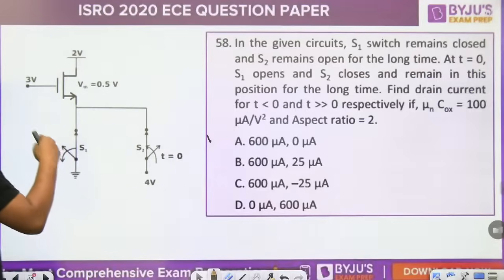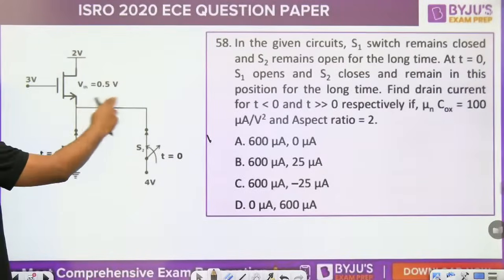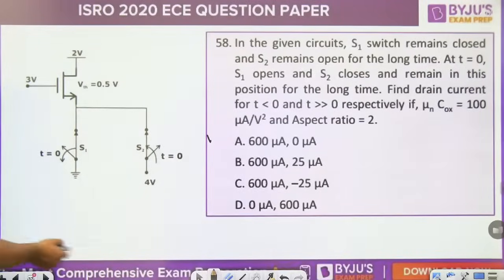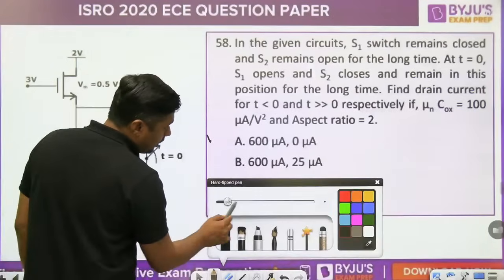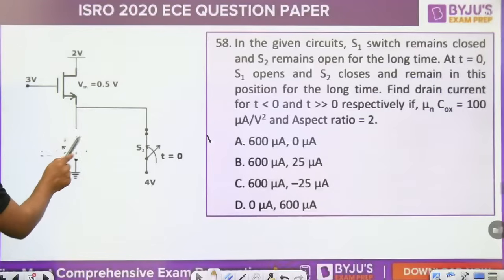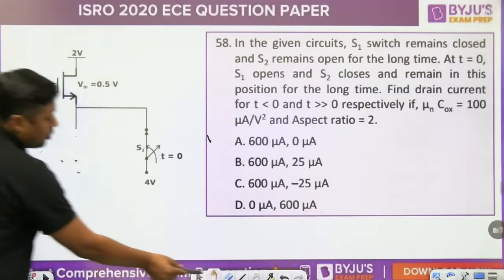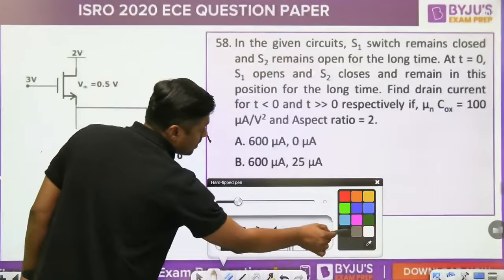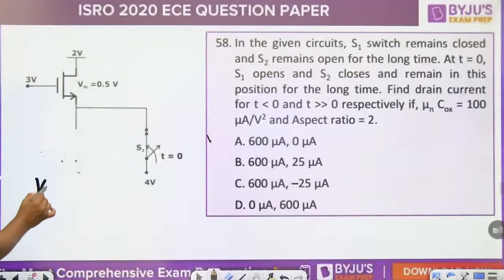But second condition, for t greater than 0, is connected to S2. Guys, very simple. Now this switch is open, that switch is closed. When this switch is closed, what is the value of VGS?